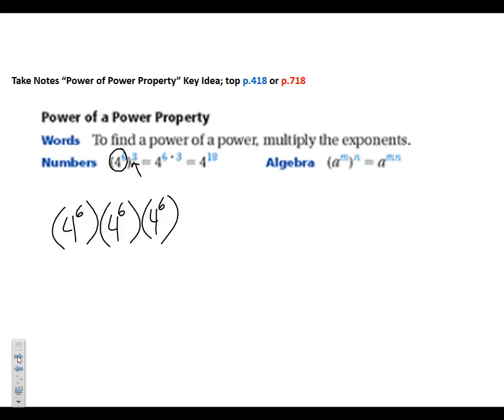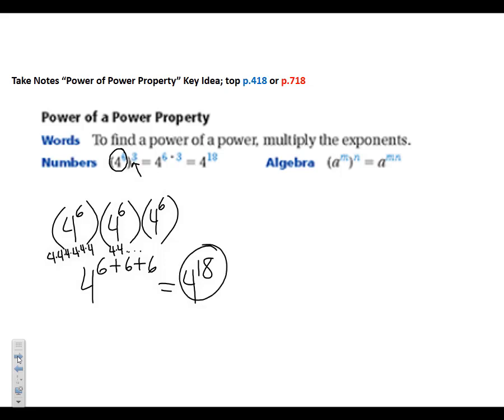We add them up. So this can be written as 4 to the 6 plus 6 plus 6, which equals 4 to the 18. We could further break that down and put 6 4s on each one of these and count them all up, and what would we get? We would get 18 of them.